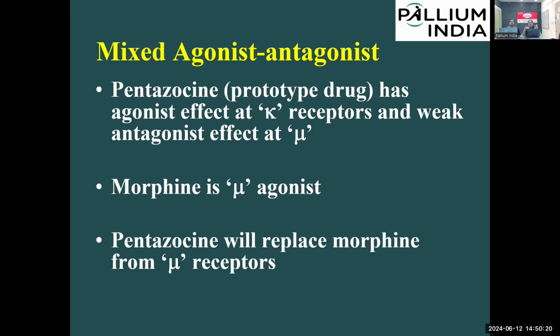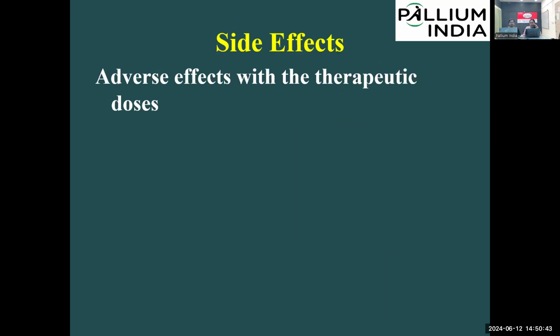Morphine, as I already said, is a mu agonist, so pentazocine will replace morphine from the mu receptor site. So that is agonist-antagonist: a drug which has agonistic action at certain receptors and antagonistic action at other receptors. Pentazocine is an example of such a drug.